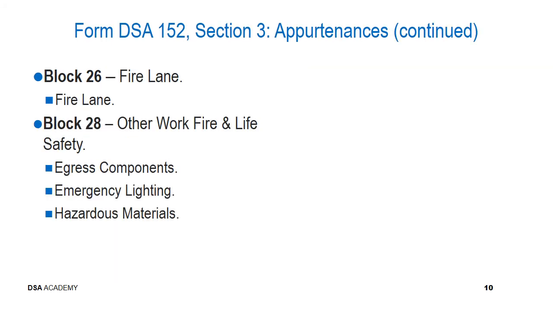Block 26 for fire lanes for emergency vehicle access. Block 28 for other associated fire and life safety elements, such as the egress components, the corridor, the lighting, exit signage, emergency lighting, both interior to the building and lighting outside the buildings when required, and hazardous materials.